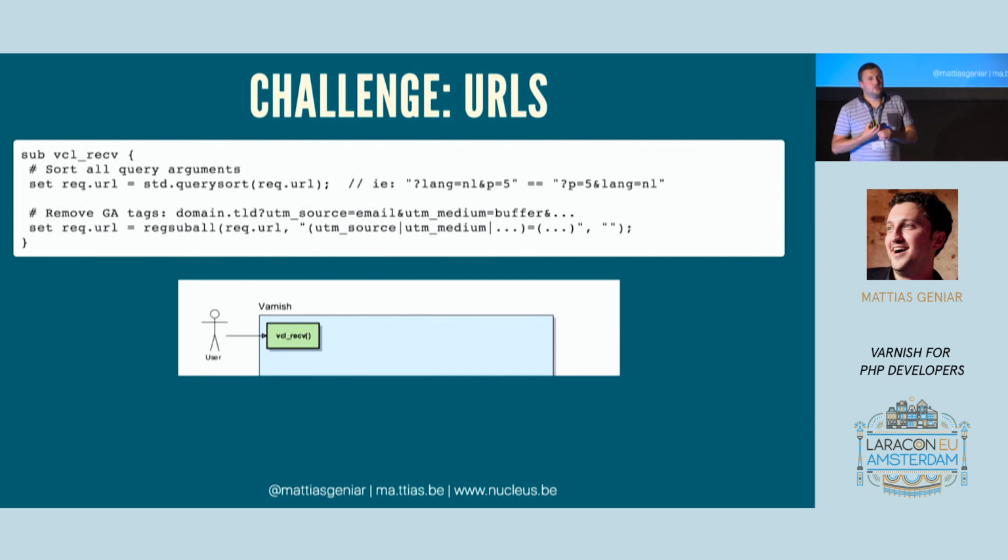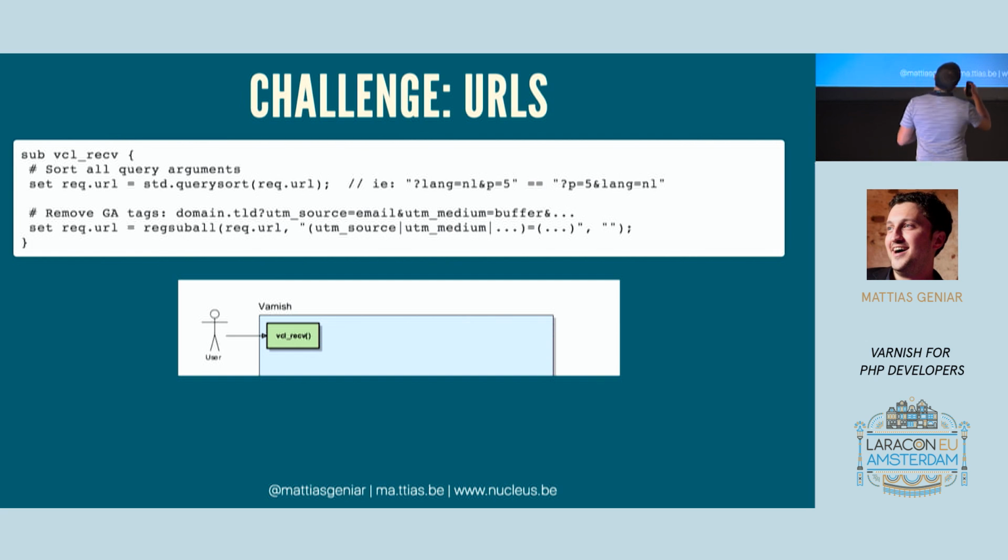But there are a couple of other challenges too. For instance, URLs, something that we might think of as something really basic. In the VCL receive, this is the part where we can really normalize everything that's coming in. We can strip out all of those things that we don't need and make sure that the URLs that we keep are sanitized. In this case, we will use the query sort function within Varnish, give that the URL, and overwrite it with its own version of that.